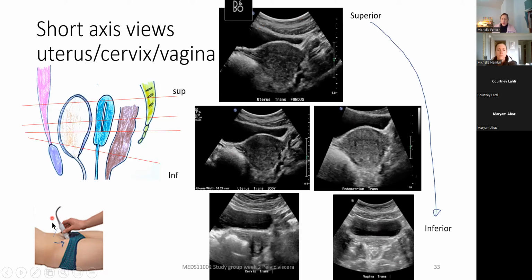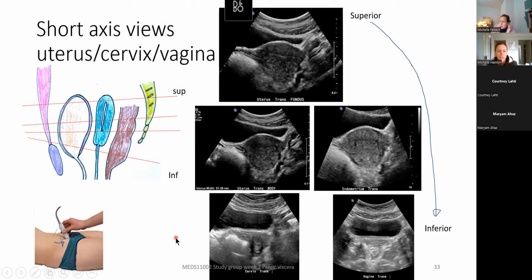If we put the probe up here and just dragged it down here, there's no bladder up here. So we would have no urinary bladder to use as a window. So we have to put the probe at the same point, fan the angle of it so it's pointing up, and then the region of the transducer stays the same. We just tilt it from down here to up here, if that makes sense.